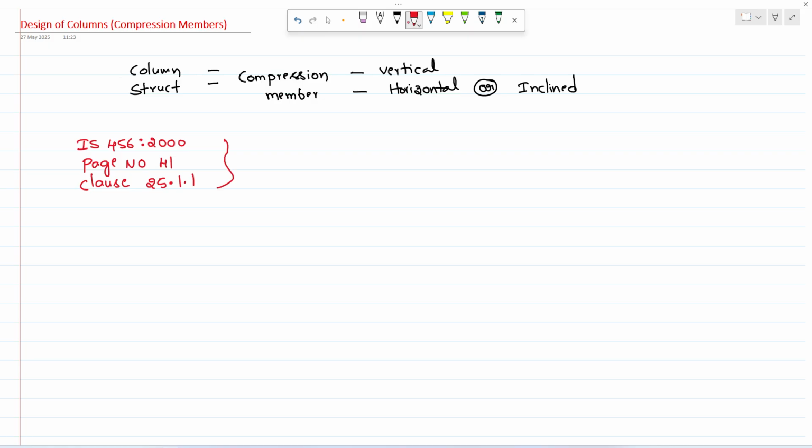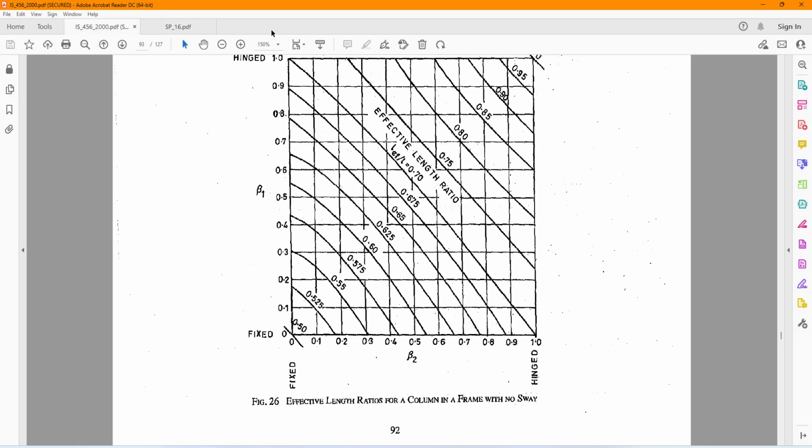So as per this clause, let me open the code, IS 456, page number 41.